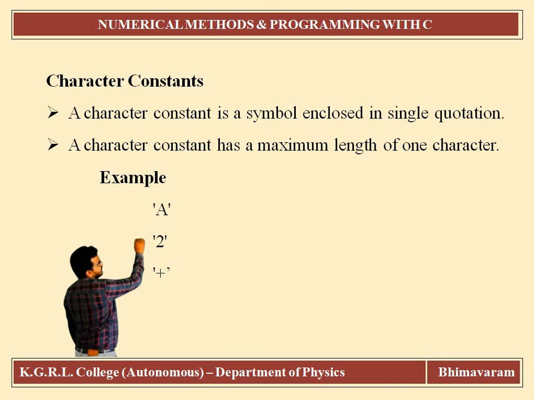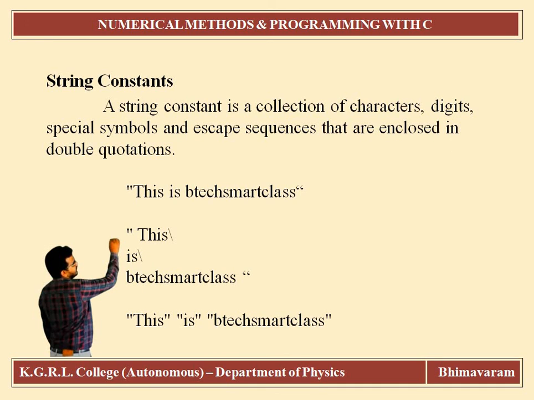In the C programming language, there are some predefined character constants called escape sequences. Every escape sequence has its own special functionality, and every escape sequence is prefixed with a slash symbol. These escape sequences are used in the output function called printf.